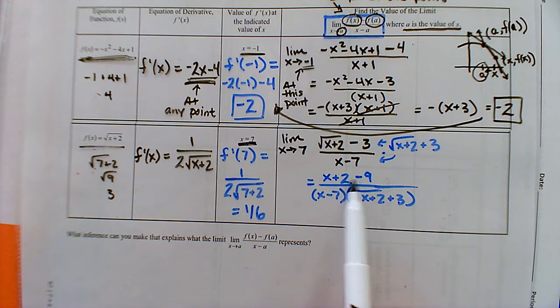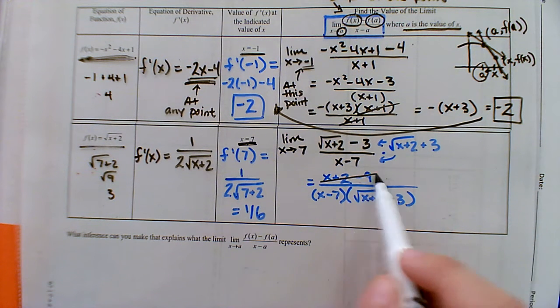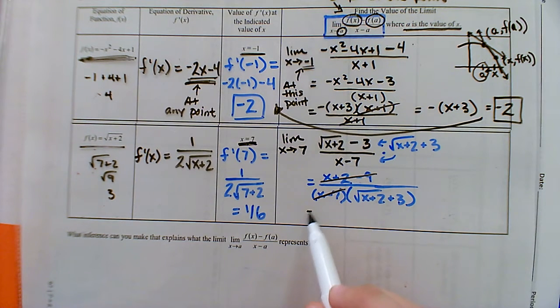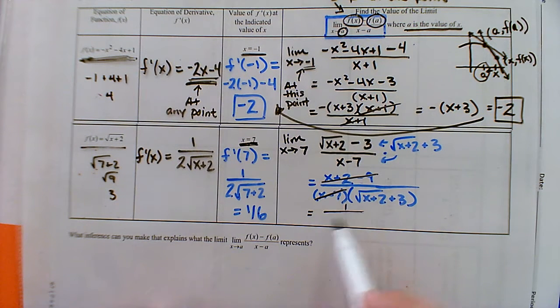Notice up top we have plus 2 minus 9, which would be minus 7 if you simplify it. So x minus 7 up top, x minus 7 down below. Right? Wouldn't those go away? So we're left with 1 over this conjugate.